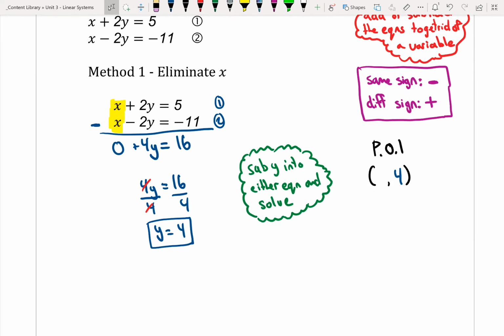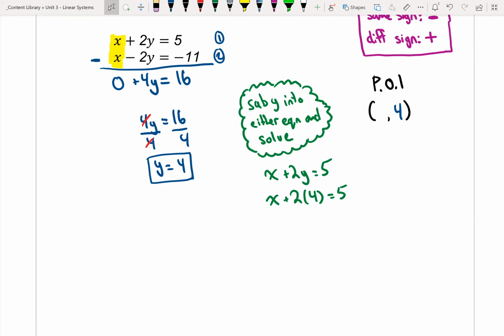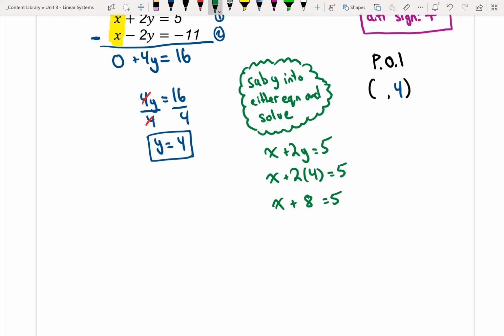Again, it doesn't matter which equation we use. I'm going to pick the first one just for the sake of picking number 1. I'll rewrite it: x plus 2y equals 5. I now know that the y value is 4, so I can replace the y with 4. So instead of 2 times y, it's 2 times 4. X stays the same, plus 2 times 4 is 8, equals 5. And now this is just a one-step equation.